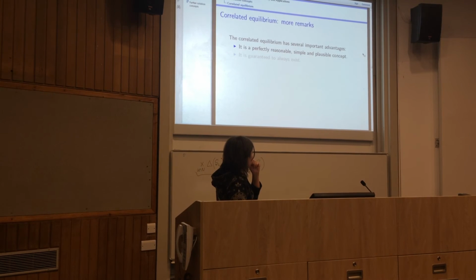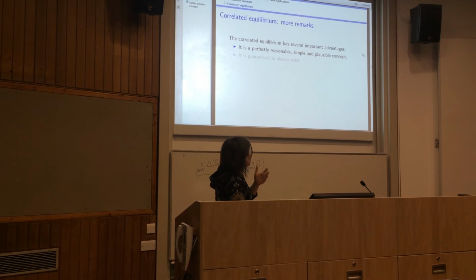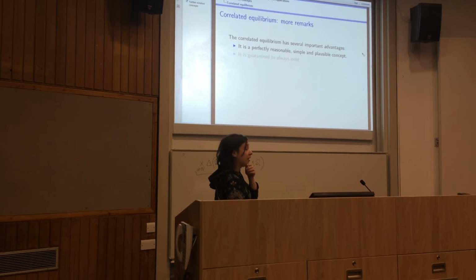Now the advantages of correlated equilibria are the following. It's quite a natural concept. It's quite natural to assume that the players would think in terms of joint probabilities of a given combination of strategies, rather than define marginal probabilities and assume that the players would take their actions independently of a given probability.